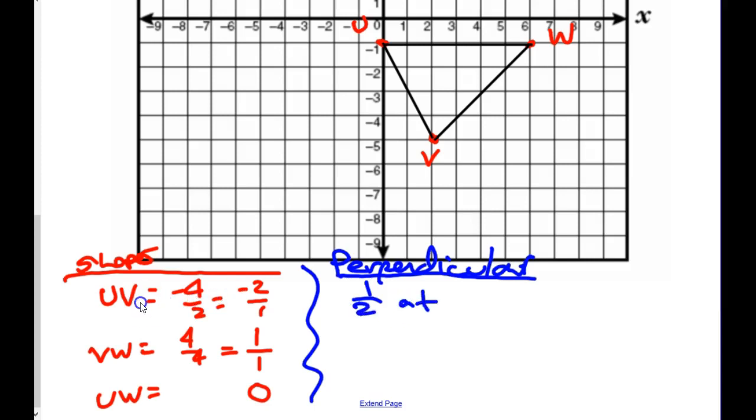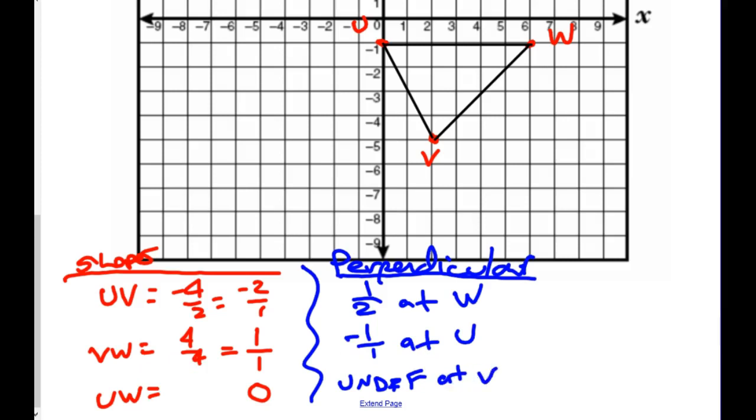That goes at the other vertex besides U and V, which is W. The opposite reciprocal of positive 1 over 1 is negative 1 over 1, at, besides VW, we have U. And the opposite reciprocal of 0 is undefined, a vertical line, at, besides UW, the third letter, V.